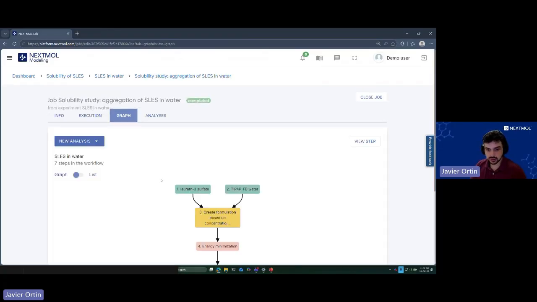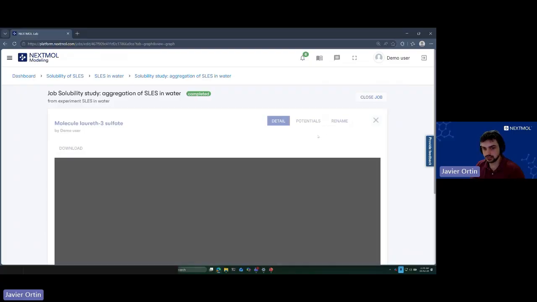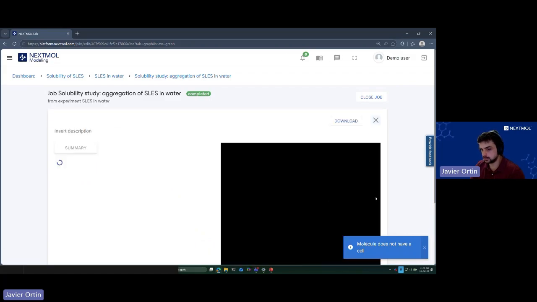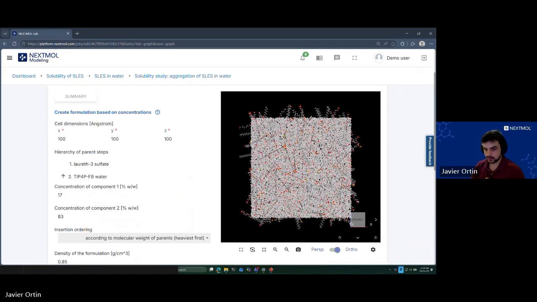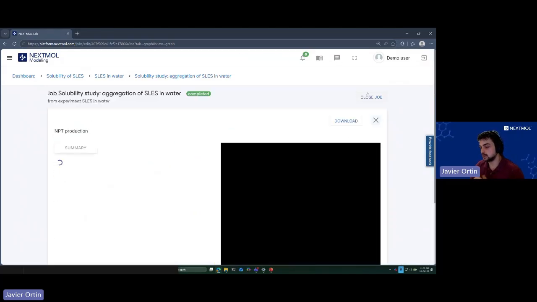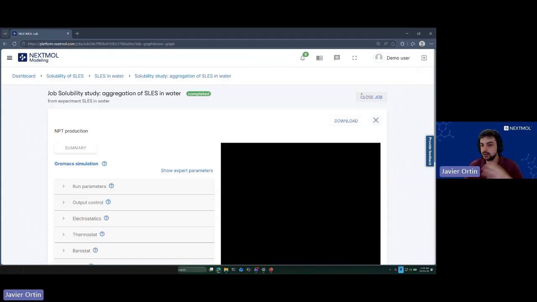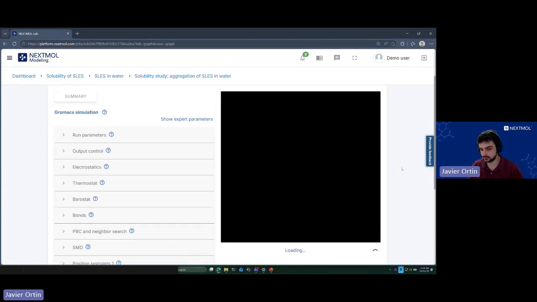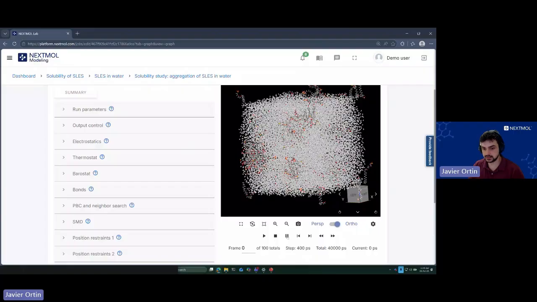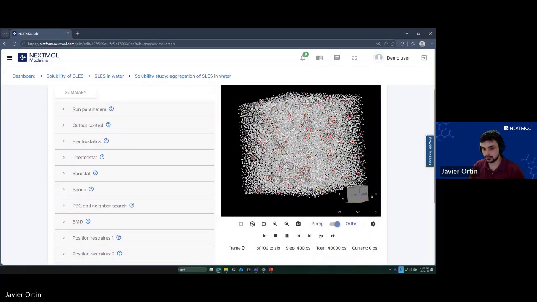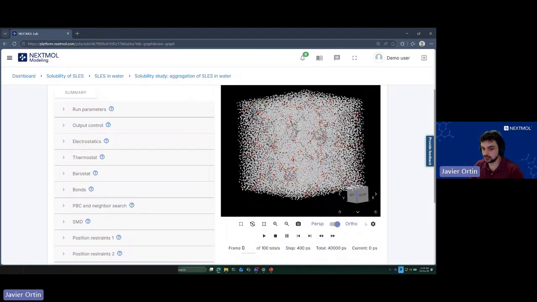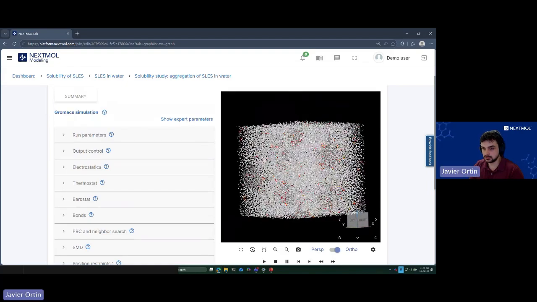Then we can check the job, and once again the user can visualize both the molecule and also the filling of the cell. This is it. And also the user can go down to the production node and compare how aggregated the molecules are at the beginning and at the end of the simulation. So for example, in this case, this is the first snapshot of the simulation, and then we can jump onto the last one and see that indeed something has happened.